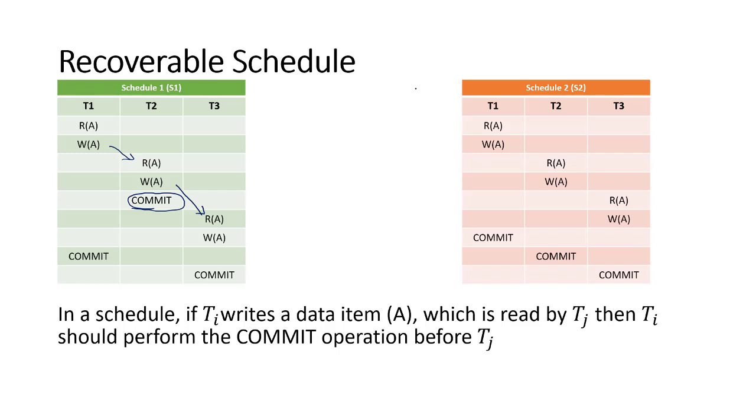Suppose T1 fails at this position before committing the transaction. What do we need to do? We need to roll back all the operations of T1. Rolling back all the operations of T1 means we have to discard the effect of this write operation of T1, but T2 has already read that data, performed some job, written that data into the database, and already computed.